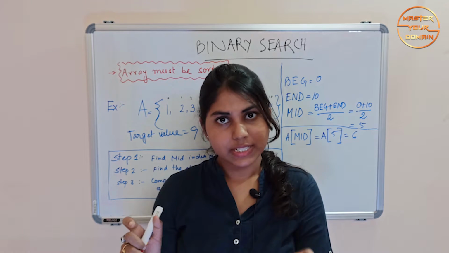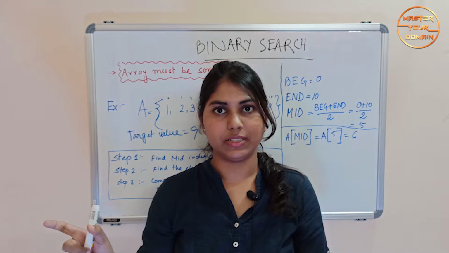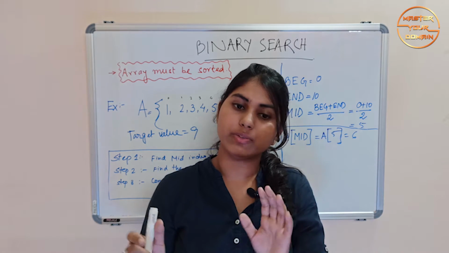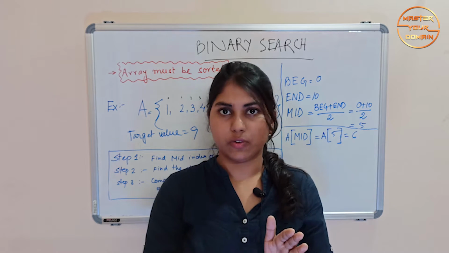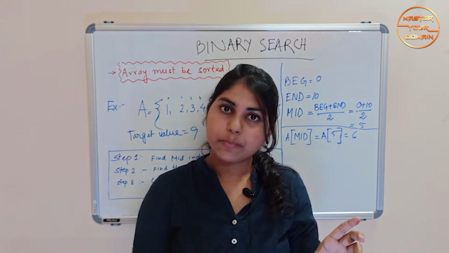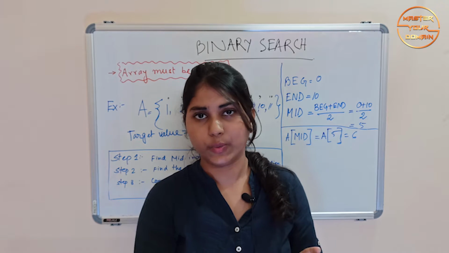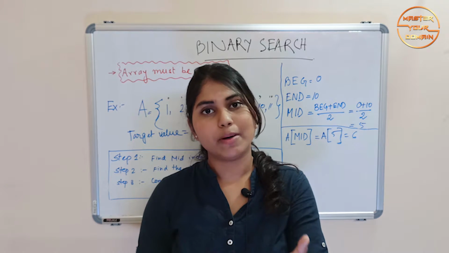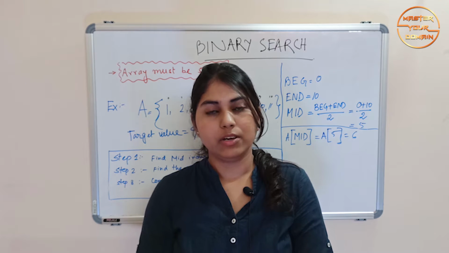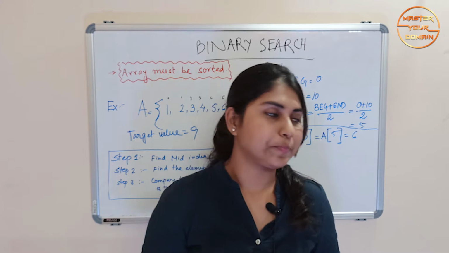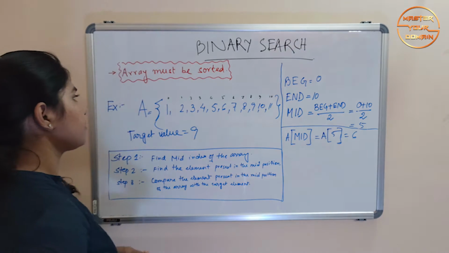If the opened page number is greater than the required page number, we look for the required page in the first part of the book and totally ignore the next part. The same procedure is repeated every time until we find the required page. So this is the idea of binary search: every time we reduce the search space to its half.